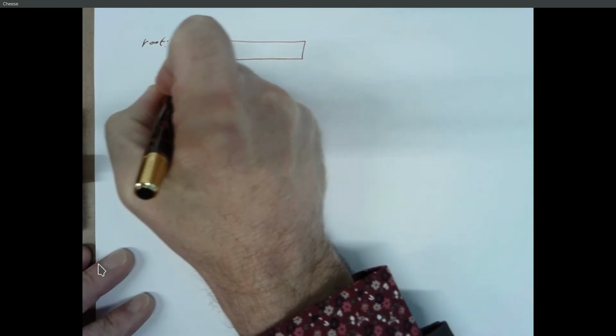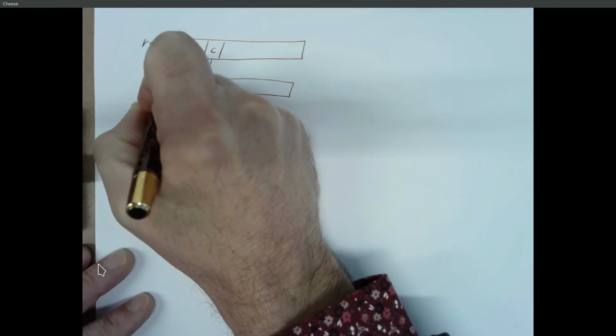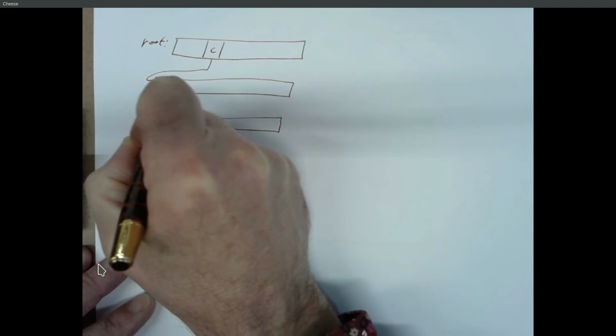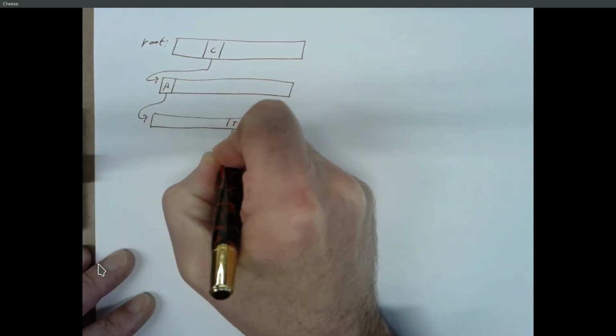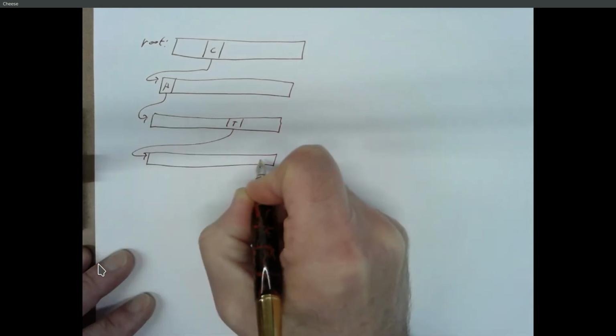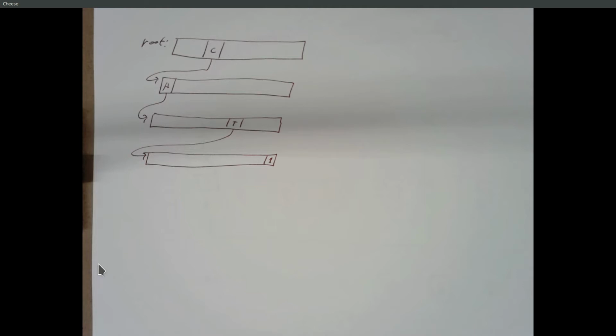And here's C, and that's pointing to another node. And here's A, and that's pointing to a third node. And here's T, and that's pointing to a fourth node. And in that node, end of string is set to 1. That tells us the cat is in the structure.